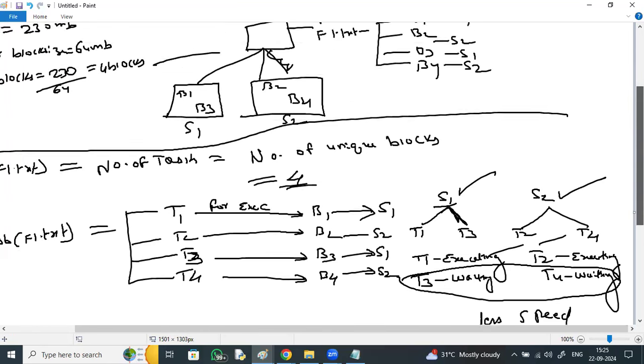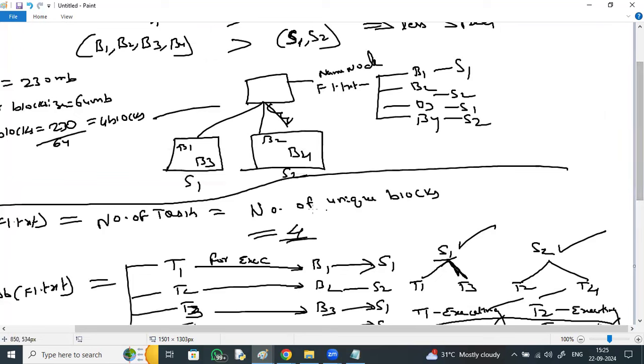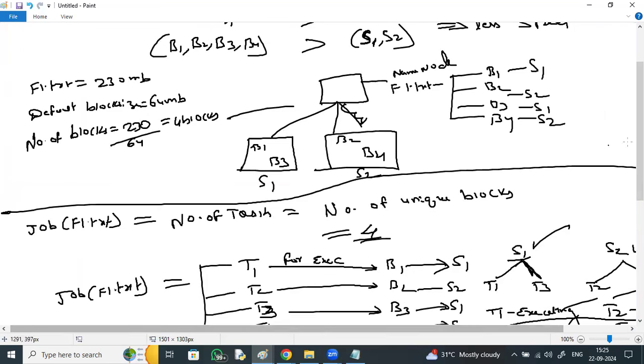So if less slaves, less speed. If more slaves, more speed. For example, in case 3, assume you got only one slave.